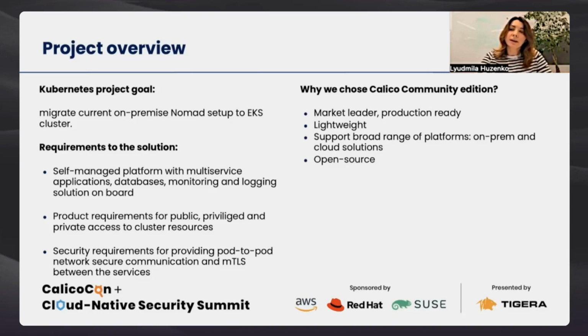So we have 3 types of access. The first one is the internal endpoints that are accessed only from VPNs. The second one is the endpoints that are publicly accessed. And the third one is the endpoints with privileged access.